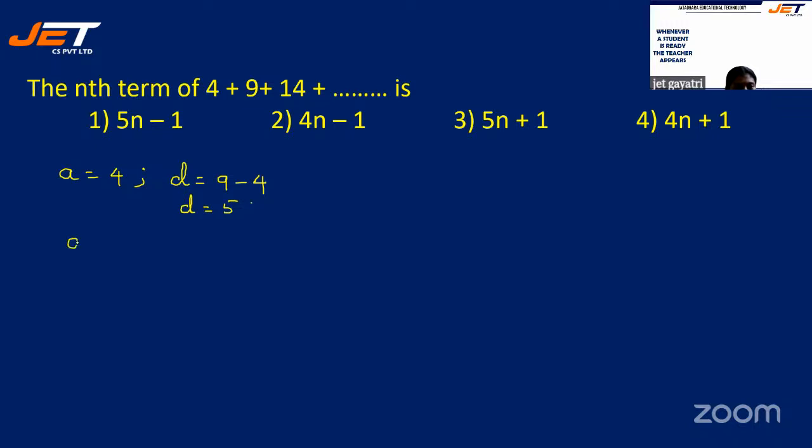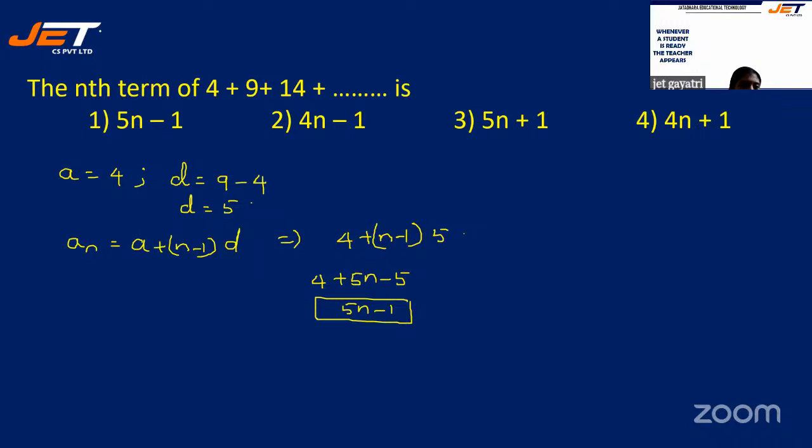So as I said, the nth term is A n is equal to A plus n minus 1 into D. So 4 plus n minus 1 into 5, so 4 plus 5n minus 5. Minus 5 plus 4, so it is 5n minus 1. So your answer must be option 1.